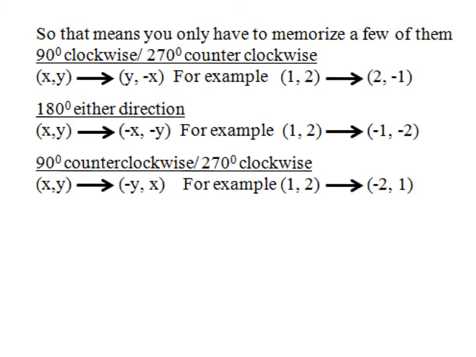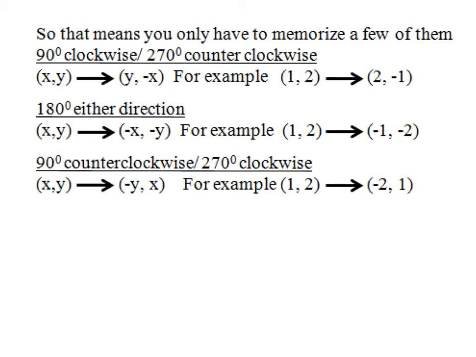So that means you only have to memorize a few of them and not that whole list. 90 degrees clockwise is the same as 270 degrees counterclockwise. That means when you see this rotation, you take the x and y, then you swap it and make it y, negative x.